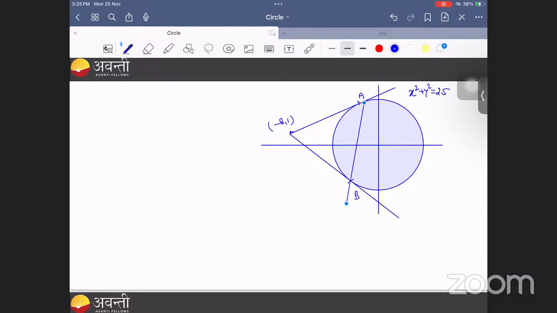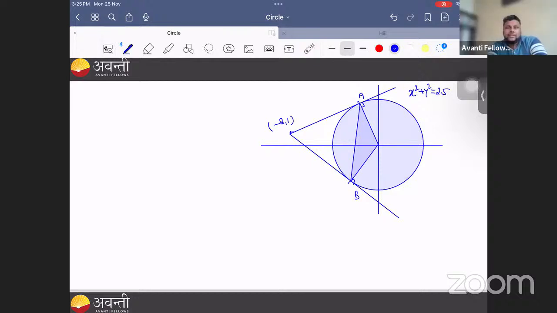Now, from this A, if a perpendicular is dropped to the tangent, it will pass through the center, and this will also pass through the center. Got it? Is it fine, everybody?